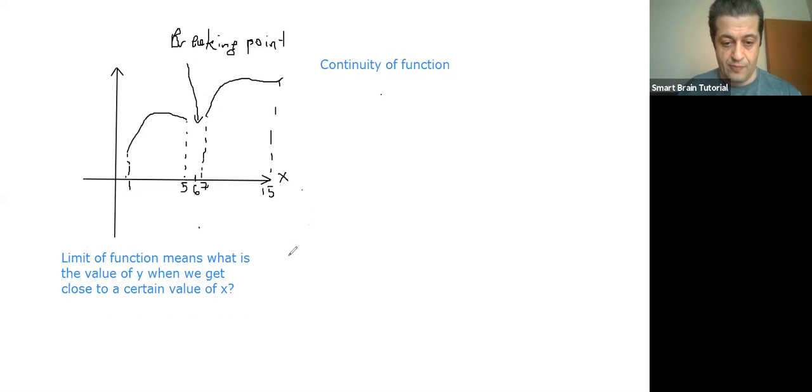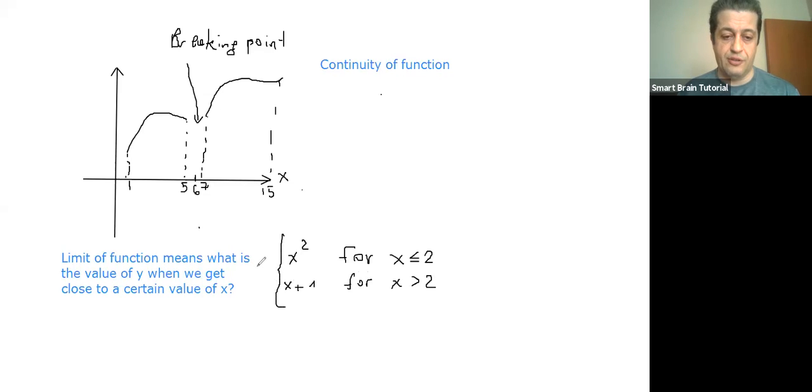When we have, for example, x squared for x smaller or equal to 2, and x plus 1 for x greater than 2. There are some functions like this that are divided in two parts that don't have the same formula.